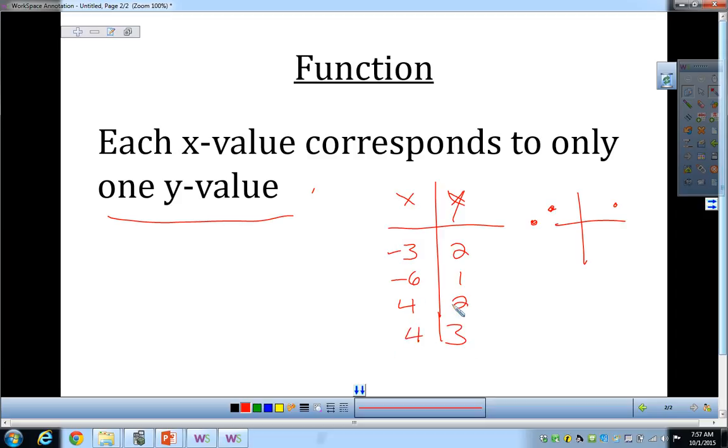If you put in a 4 and get out a 2, and then put in a 4 and get out a 3, that immediately tells you this is not a function, because there are two different y values for one x value. You could have different x values with the same y value, but you cannot have one x value giving two different y values. So you have to get rid of that one for it to be a function.